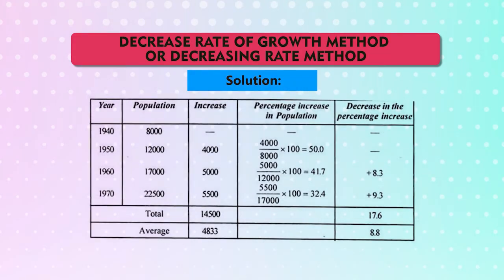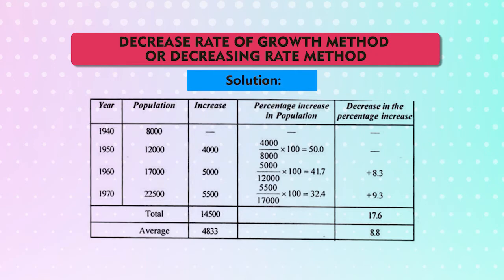In case of 1950, in comparison to 1940, the increase is 50%. In 1960, compared to 1950, it is 41.7%. And in 1970, the percentage increase in population compared to 1960 is 32.4%.